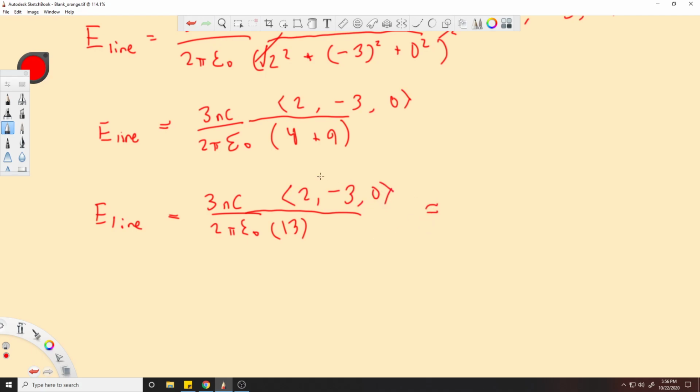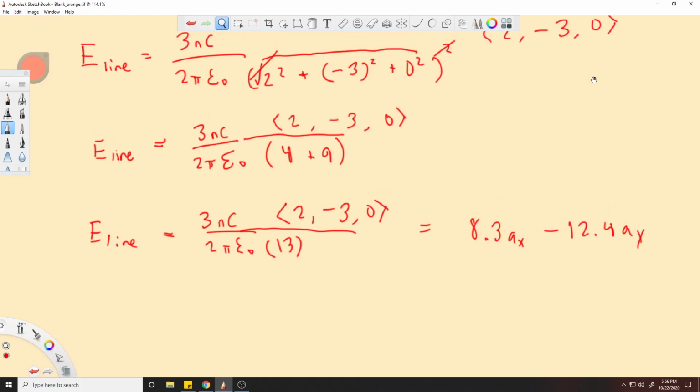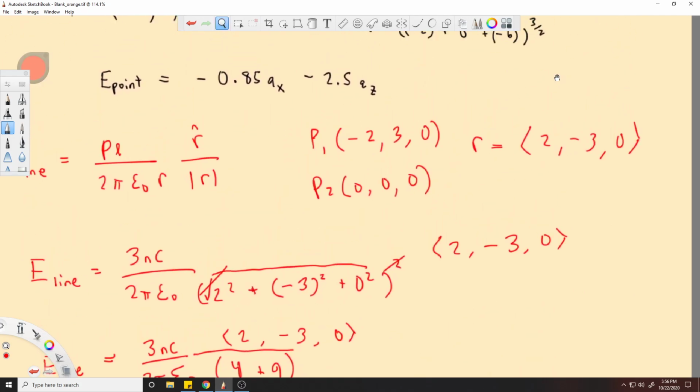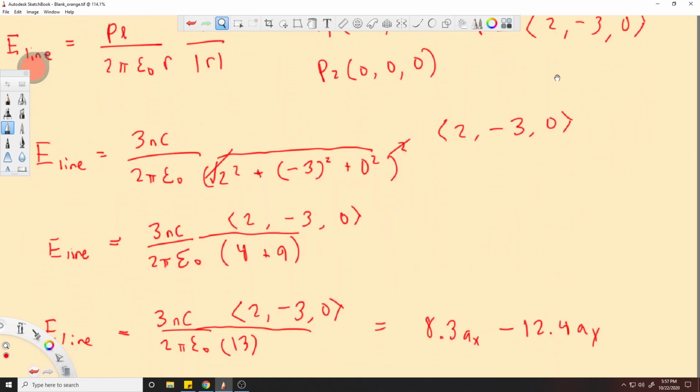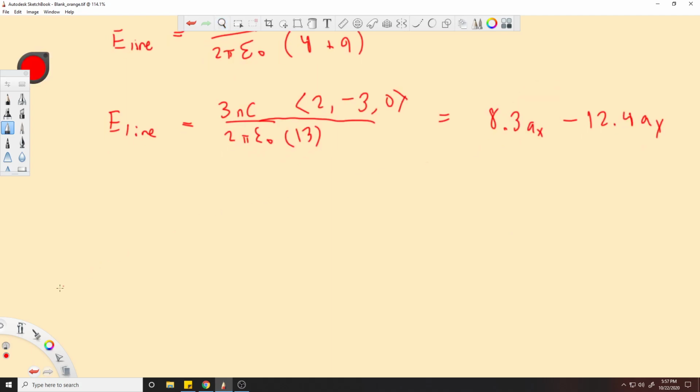And then this is going to equal, when you just do this math, 8.3 ax minus 12.4 ay, and there's no z component. So there's no y component on the first one, there's no z component on the second one. And then lastly, we have a surface charge.